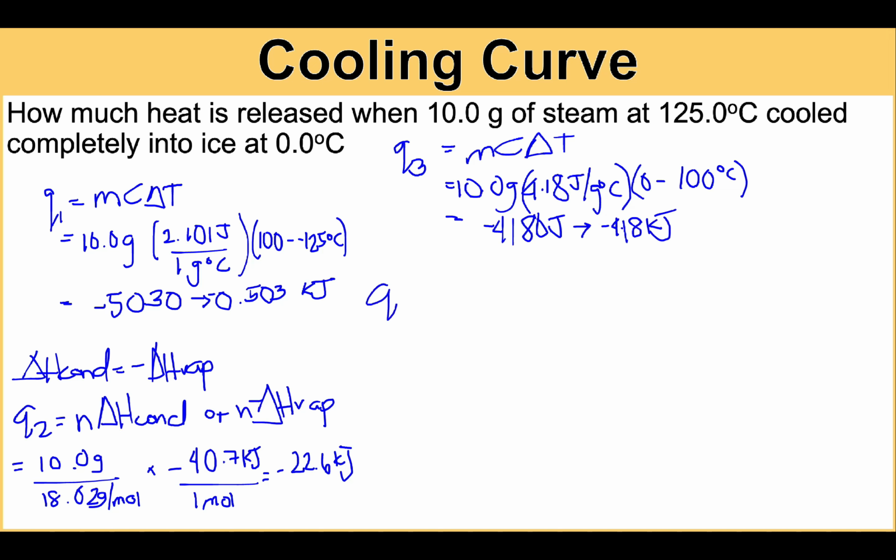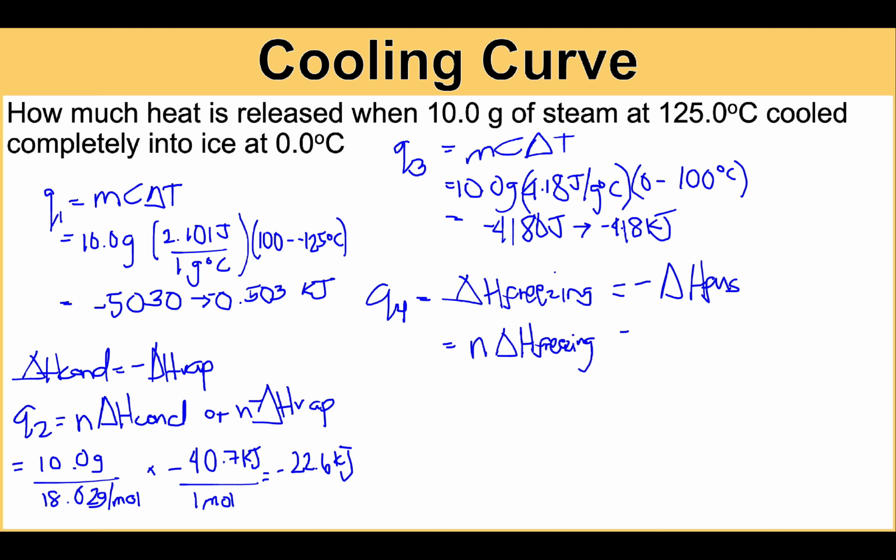Now Q4, last step. So this time we need freezing. Okay, remember in the heating curve, it's heat of fusion. So this time we need the heat of freezing. And what is the value of heat of freezing? It's the negative of heat of fusion. Okay, so we get Q4 using this formula, or this one.